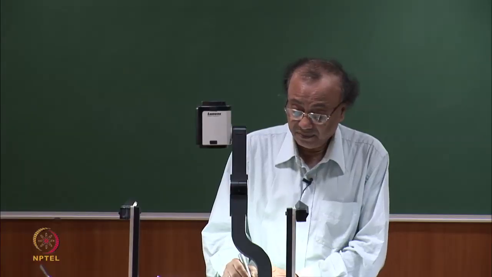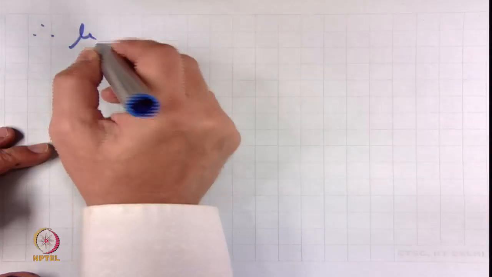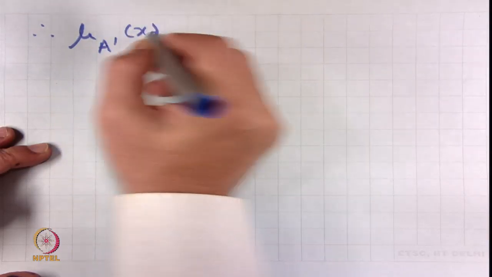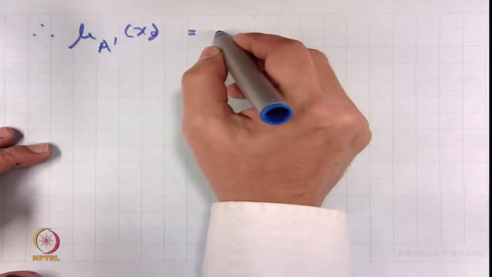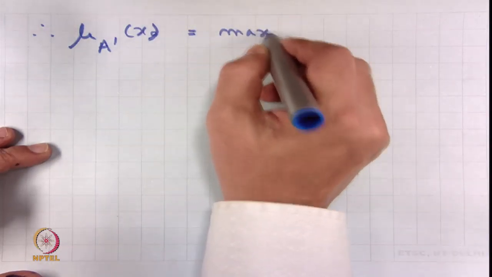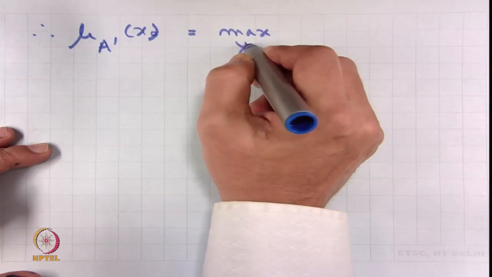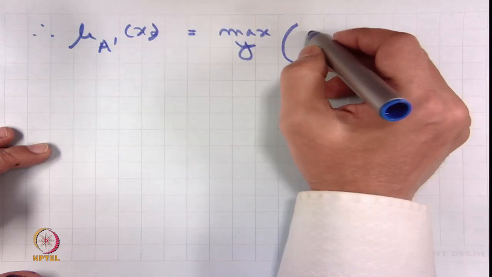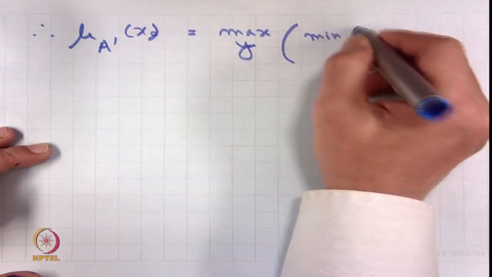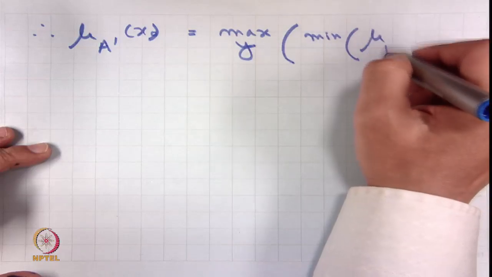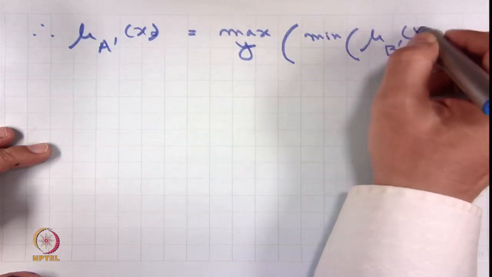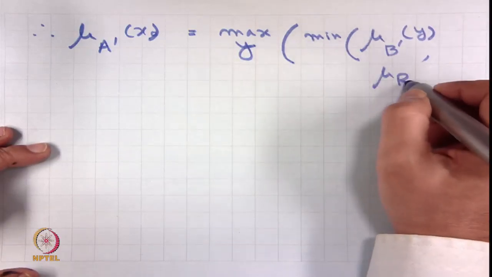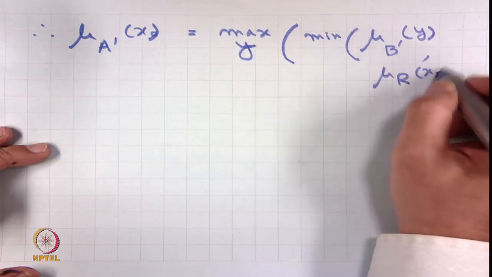Therefore, mu A prime of x naught or any x, we can write it as maximum over y of minimum of mu B prime y and mu r x comma y.